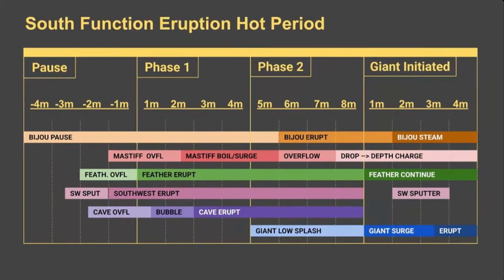And then when it gets into that phase two portion, suddenly everything gets stronger. Feather satellite suddenly comes on. Maybe Cave also joins in. Mastiff starts boiling. You get heavy discharge. Maybe not tall boiling in Mastiff, but it's pouring out discharge, and the water comes up in Giant, and you get a south function eruption of Giant.